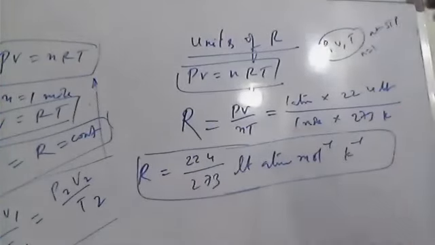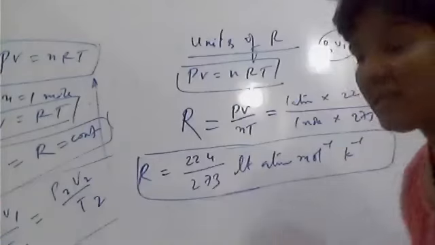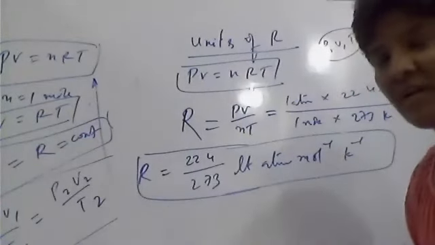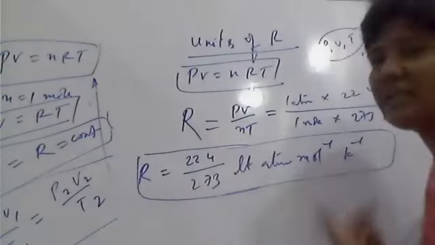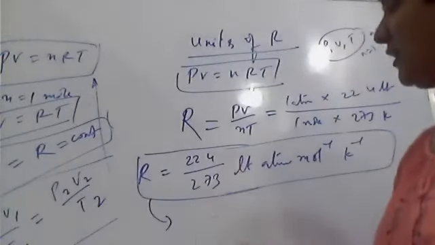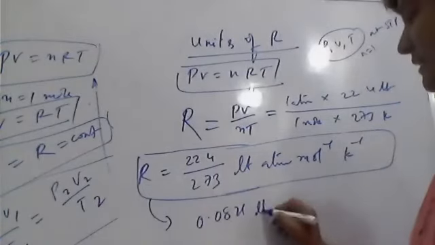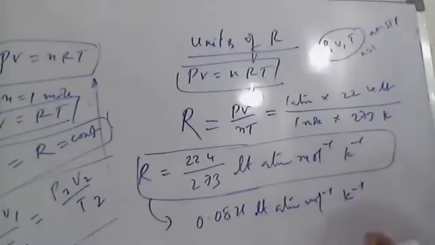This is the units and value of R. When you solve this, sometimes you can take this direct value because it is easy to cancel. For 1 mole of gas, this much volume at STP. For 2 moles, 44.8. Easy calculation. When you solve this, you will get 0.0821 liter atmosphere per mole per Kelvin.